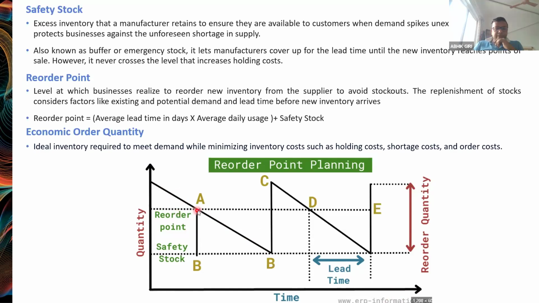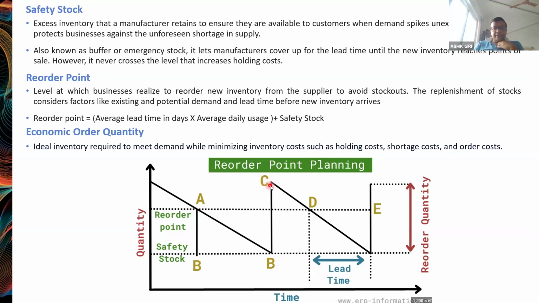When the inventory falls to a certain level, we decide to order the next lot, so that by the time the inventory reduces from A to B, I will have the replenishment, and my inventory level will again shoot up from point B, that is the safety stock level, to point C.